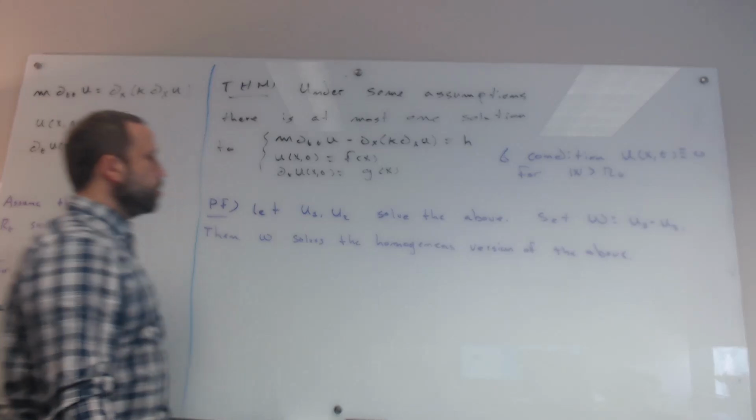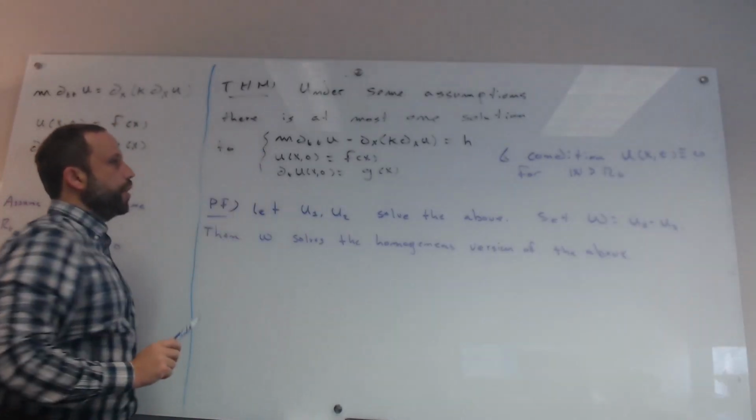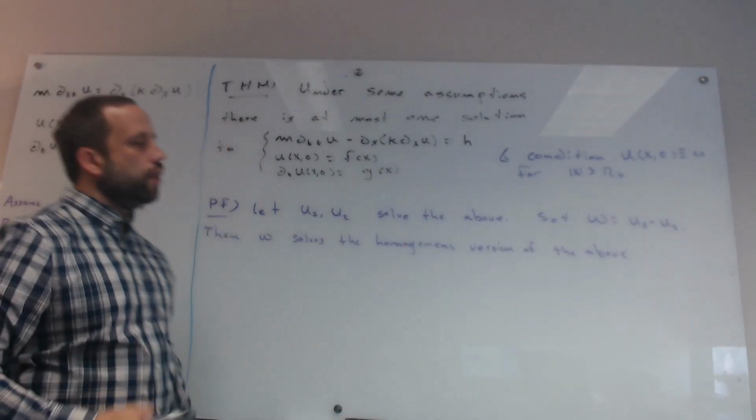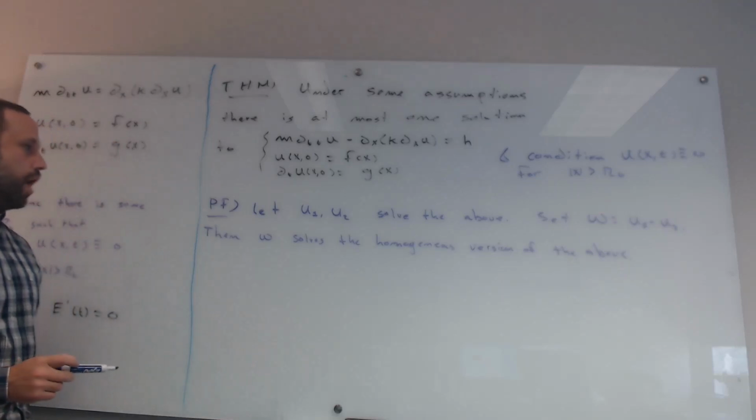Then w solves the homogeneous version of this equation. That is, h is equal to 0. That's something that you're going to have to explain why.